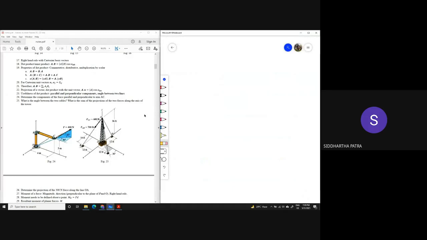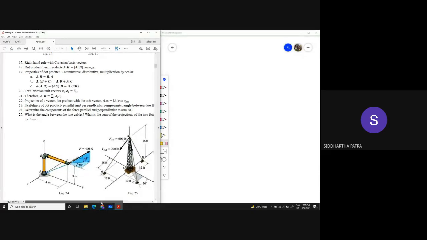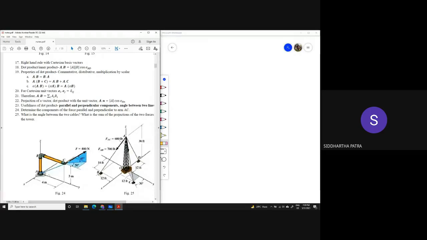Okay, so look at the first problem, which is figure number 24. Can you see figure number 24 quite well? There is a post right there, and on that frame, at the tip of it, there is a 400 Newton force.